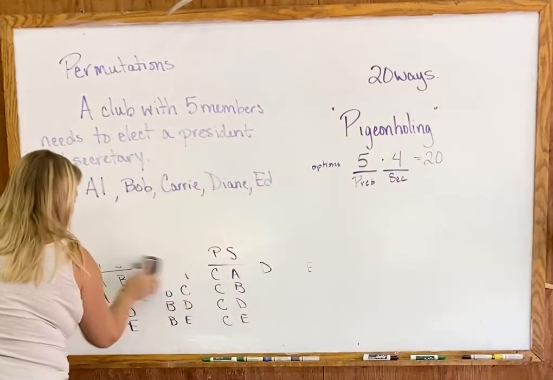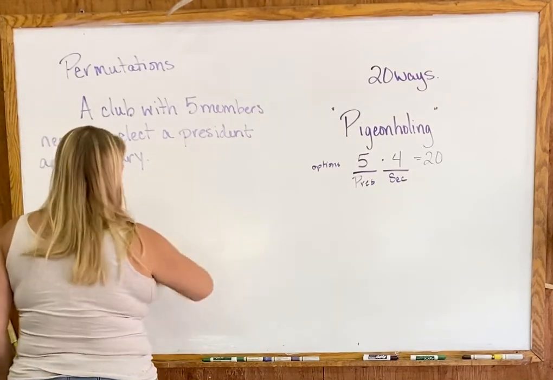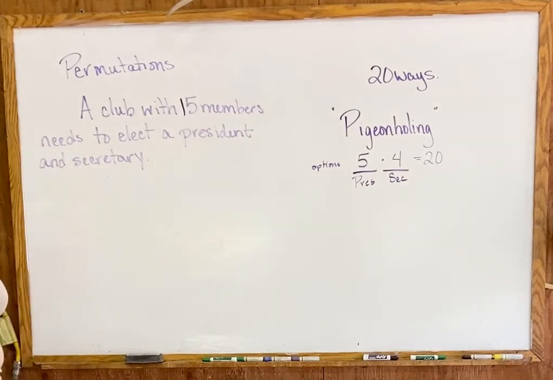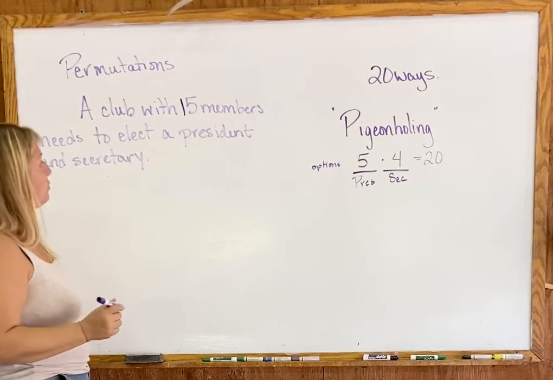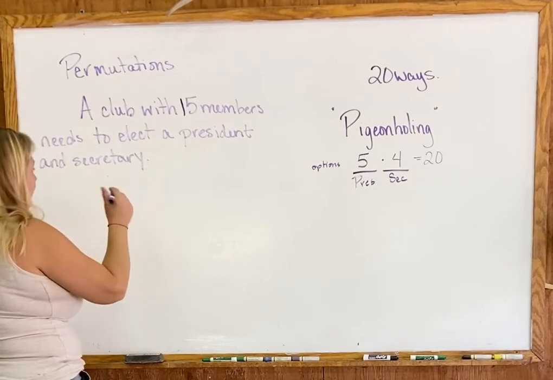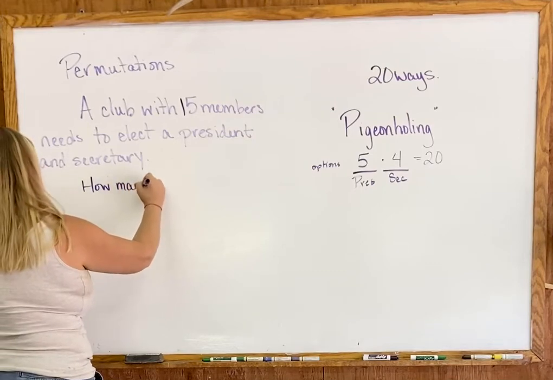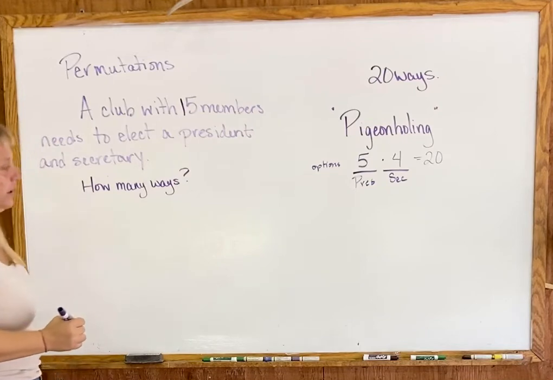Okay, so let's go ahead, like I said, well, let's change this up a little bit. Okay, and change that into 15. Okay, so 15 members in a club need to elect a president and a secretary. So how many ways can this happen? Okay.